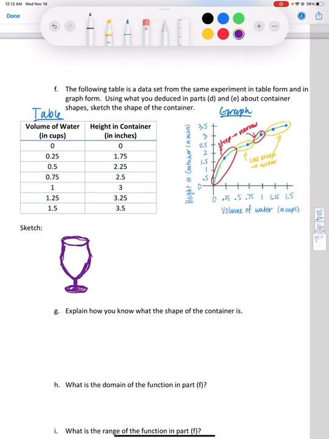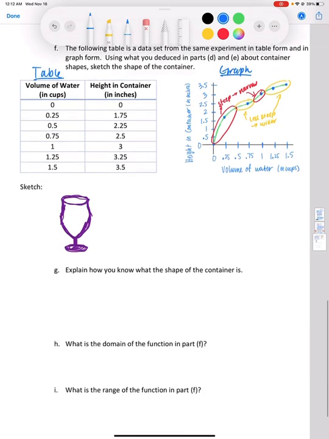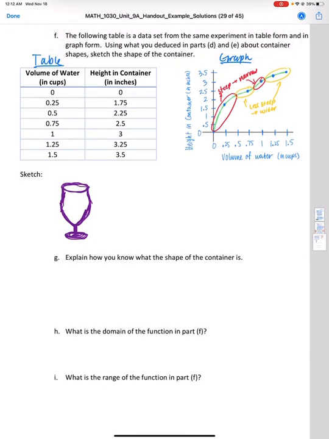So explain how we know what shape the container is. So it's narrow at the bottom because of steepness in the graph.